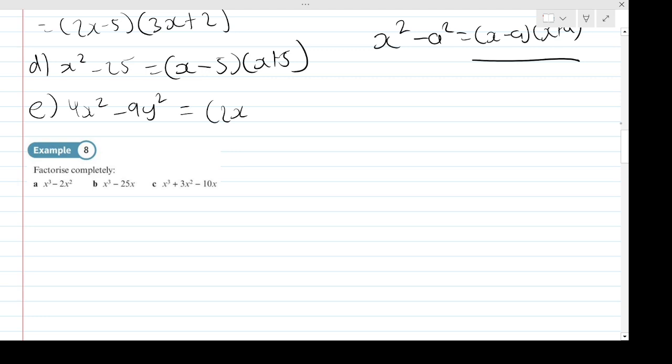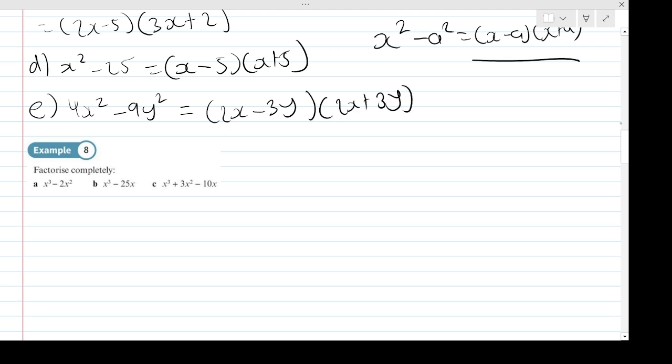Then what about the 9y squared? Well, that'd be 3y, because 3y times 3y would be 9y squared. So 2x minus 3y, 2x plus 3y.